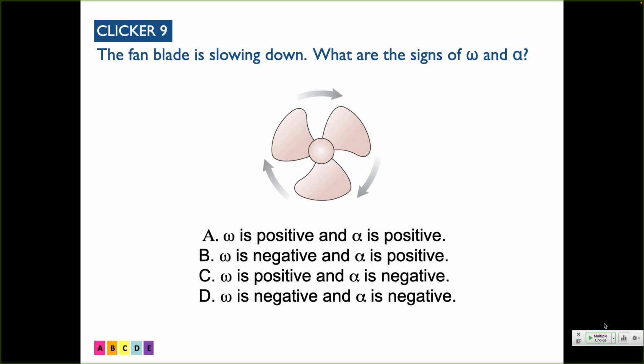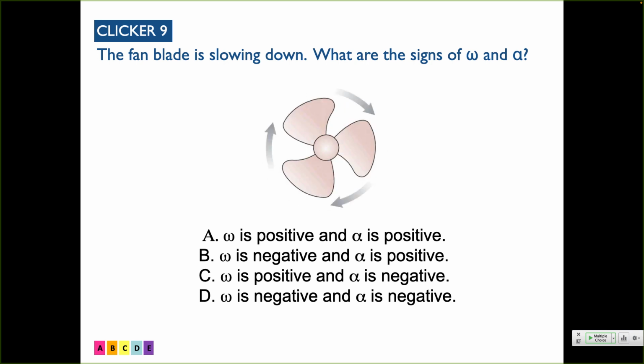In this case, because the fan is spinning clockwise, the angular velocity, omega, is going to be negative, and because it's slowing down, the acceleration has to be opposite to that, so it has to be positive, okay?